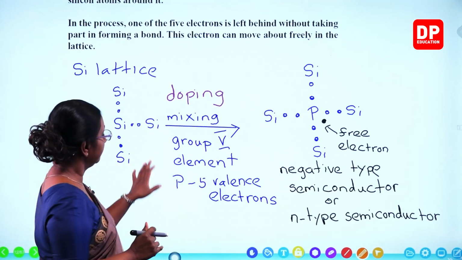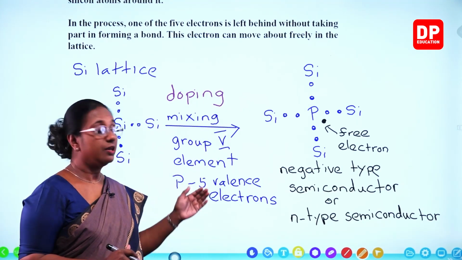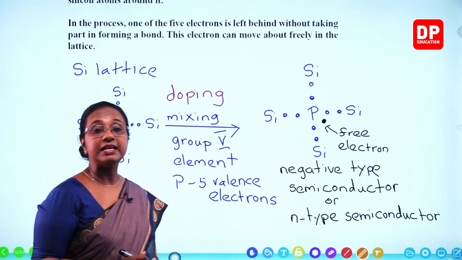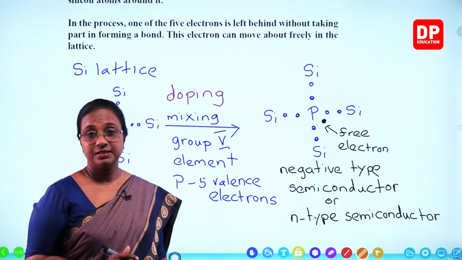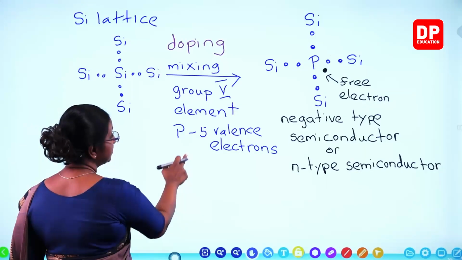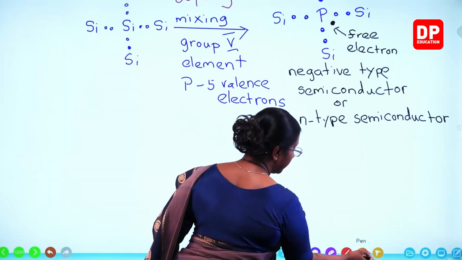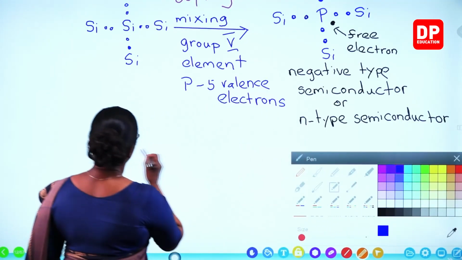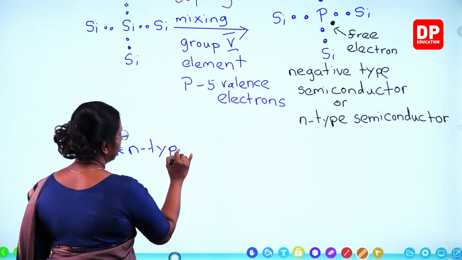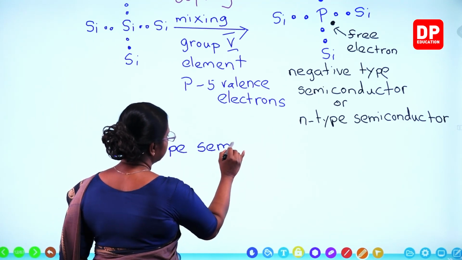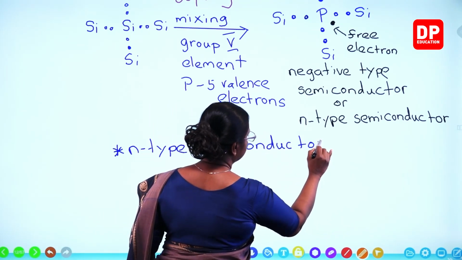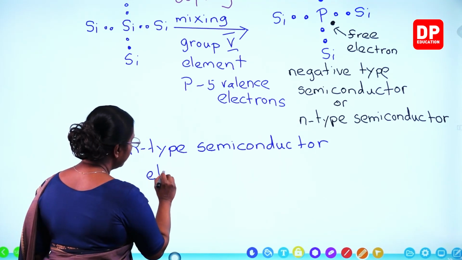So doping a semiconductor with a group 5 element gives rise to N-type semiconductors. And in an N-type semiconductor, you have to remember, students, these are all new terms that you need to remember. In an N-type semiconductor, now there are more electrons.